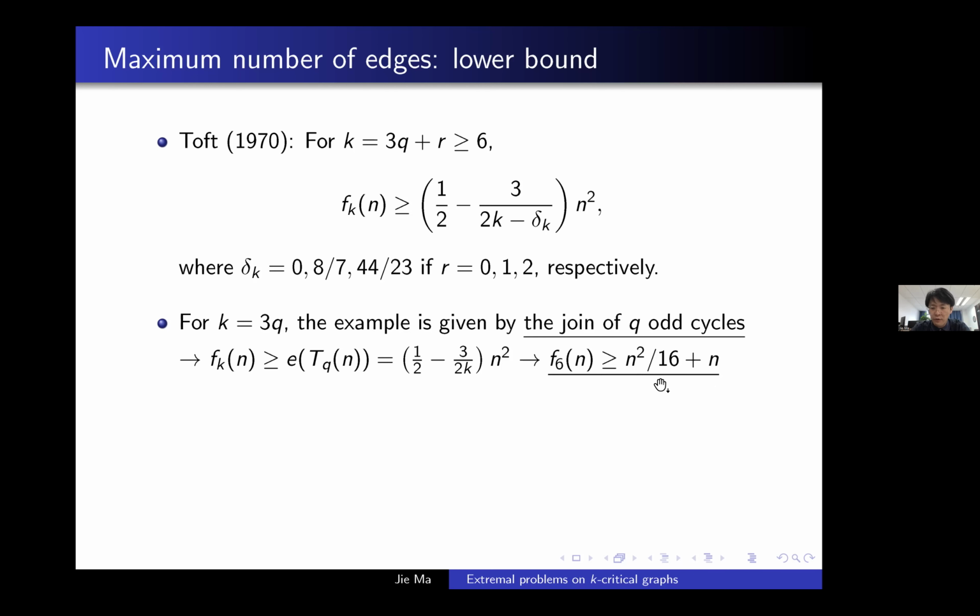So it's n²/4. Now if k is not 0 modulo 3, say the remainder is 1 or 2, then basically it's the same construction, and we can get this. So that's just a matter of this constant delta_k, but it's a constant.